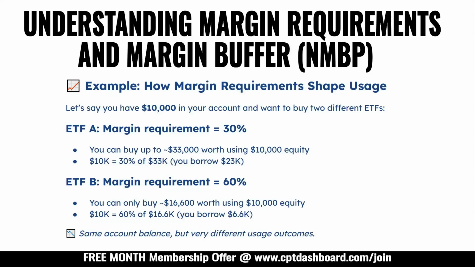So our margin requirement shapes the entire usage of our margin. I'm going to show you an example of that. Here you could see in example A, if I'm using $10,000 and I buy a dividend paying stock that has a 30% margin requirement, I can borrow up to $33,000 if I had $10,000 in equity.